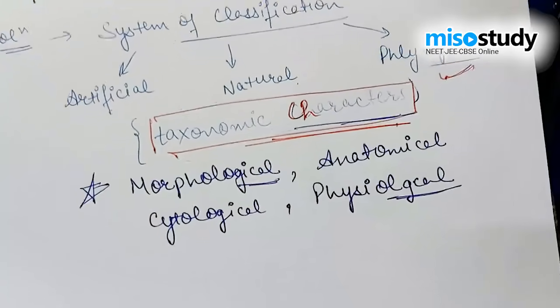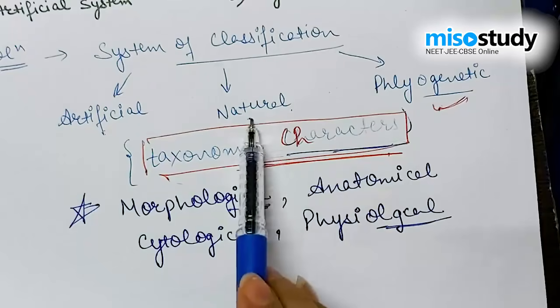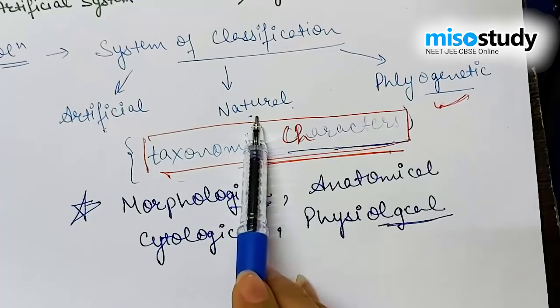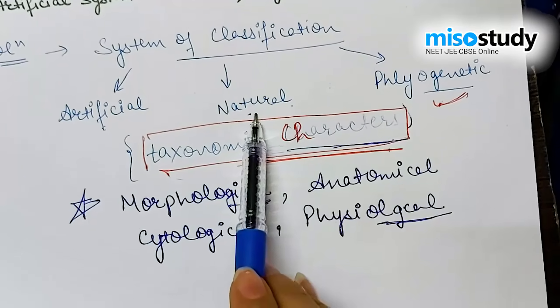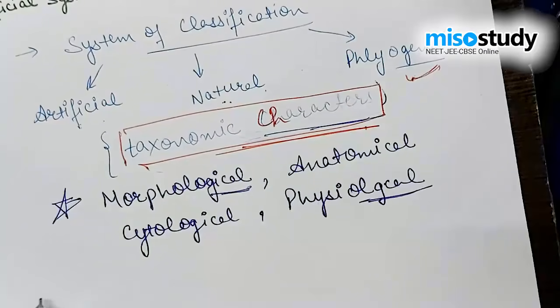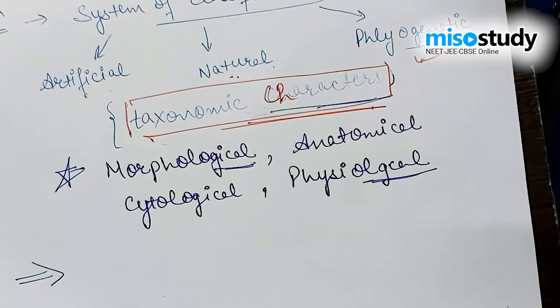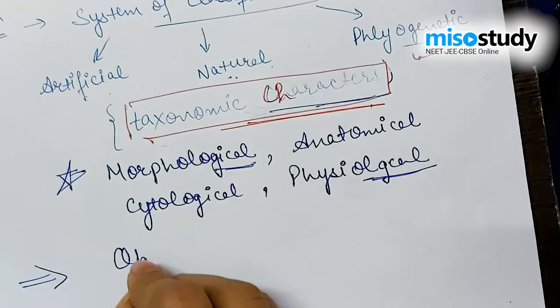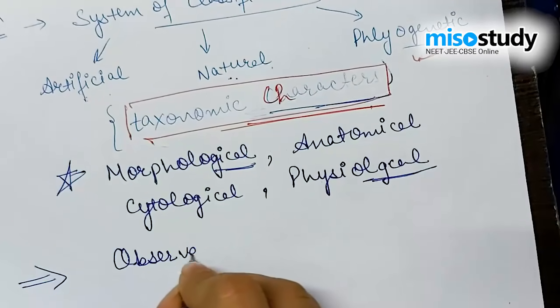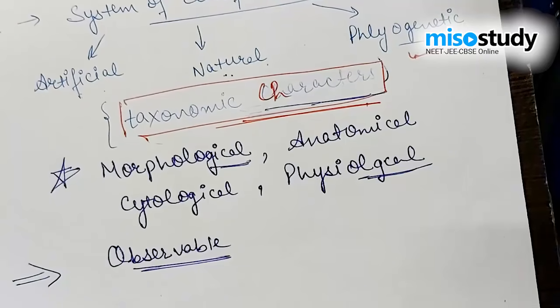Of all three, the natural system of classification includes the natural and the non-natural characters or perspective. In the artificial system of classification, classification is based on observable characters, the characters which we can observe and easily distinguish.